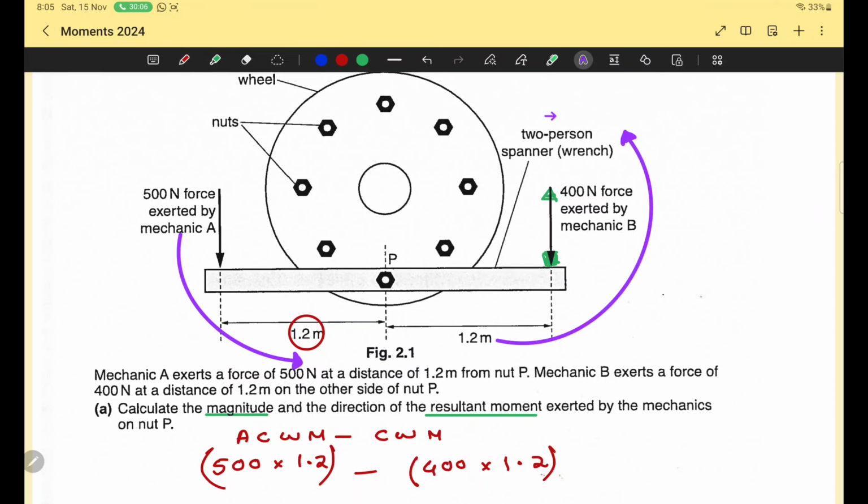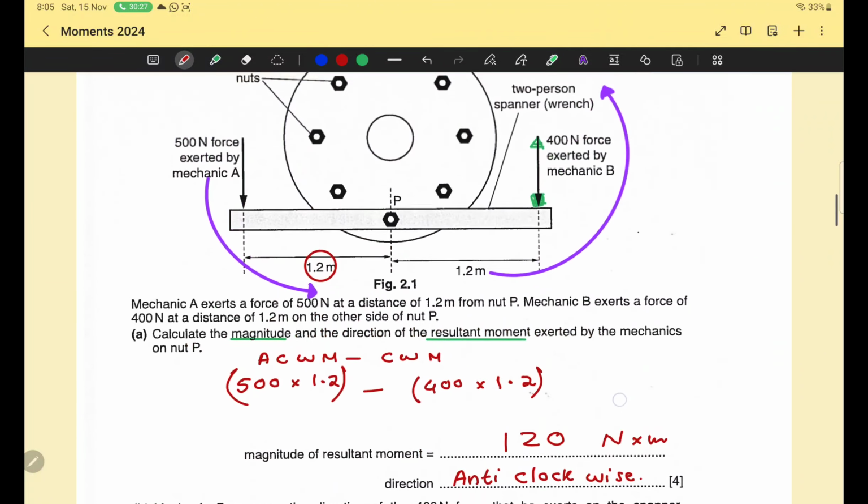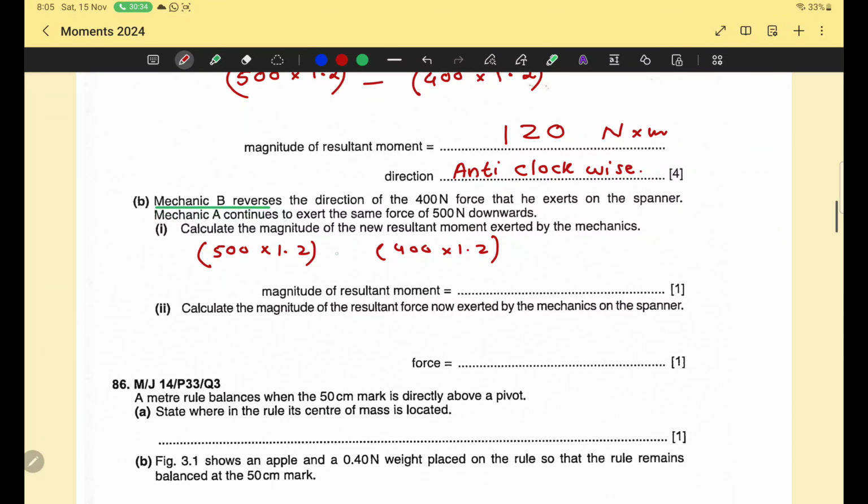This one is already anti-clockwise, and now this is also anti-clockwise, and if both are anti-clockwise, they will be added. So the same turning effects, 500 multiplied by 1.2 and 400 multiplied by 1.2, but now they are acting in the same direction. If they are acting in the same direction, they are simply added. And if you add them, Rafe beta, what is the answer?